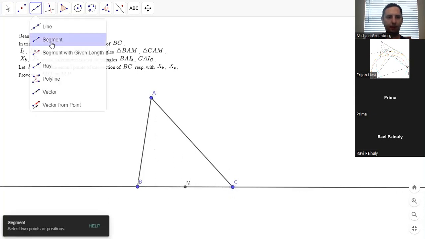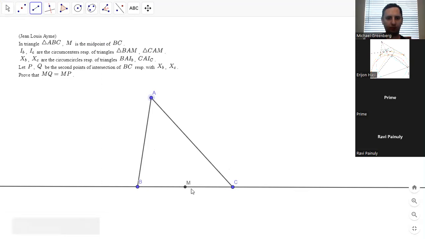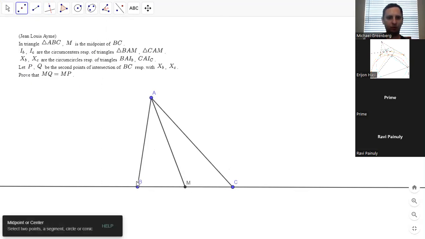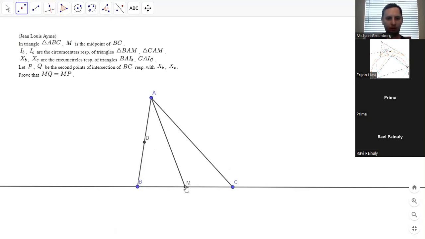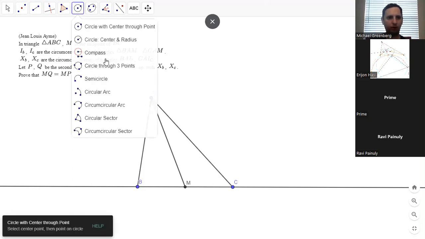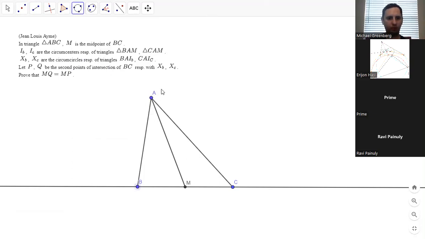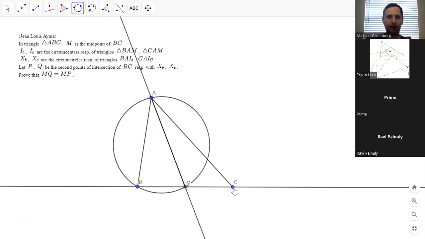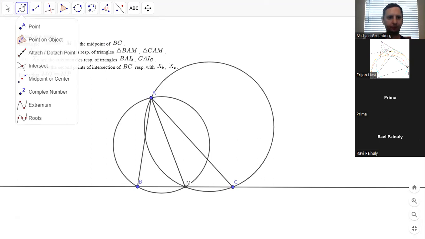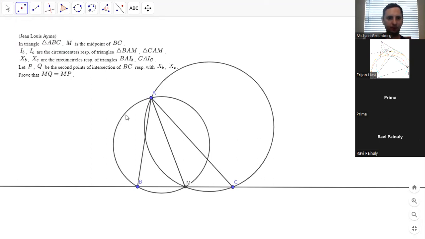So I'm going to draw the circumcircles of BAM and CAM. Then I'll draw the centers of those two circles. They'll be IB and IC. So we have this. All right.